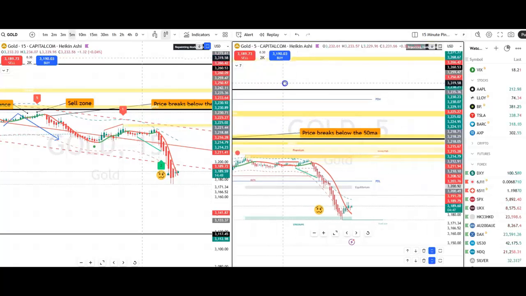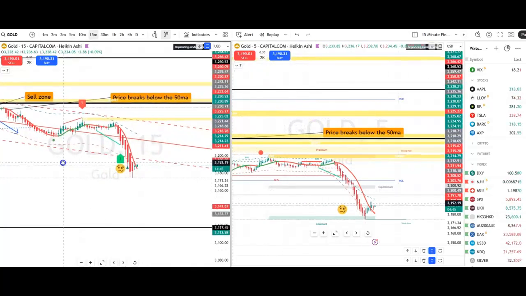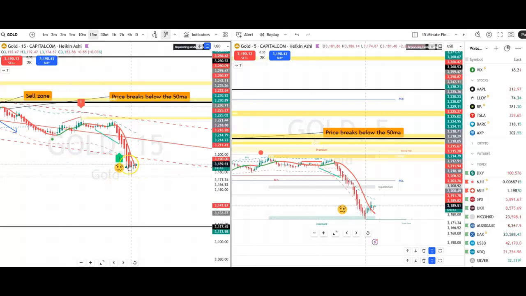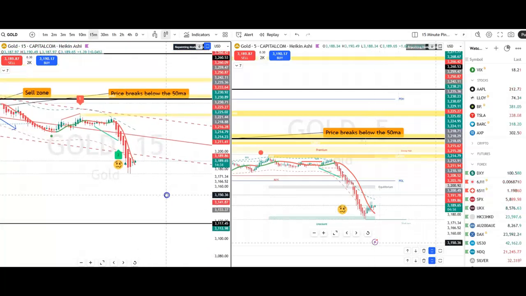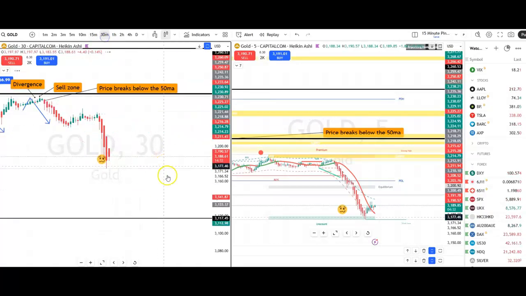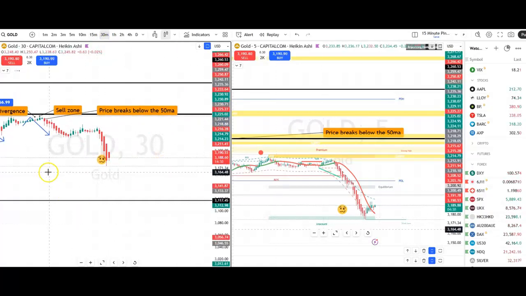So this is the gold. You know what? It's an outside bar, but it's not on demand. There's no strong demand area here. So this indicates it could just continue right down. There's no demand. Let's look on the 30-minute chart, see if we've got something going on here.